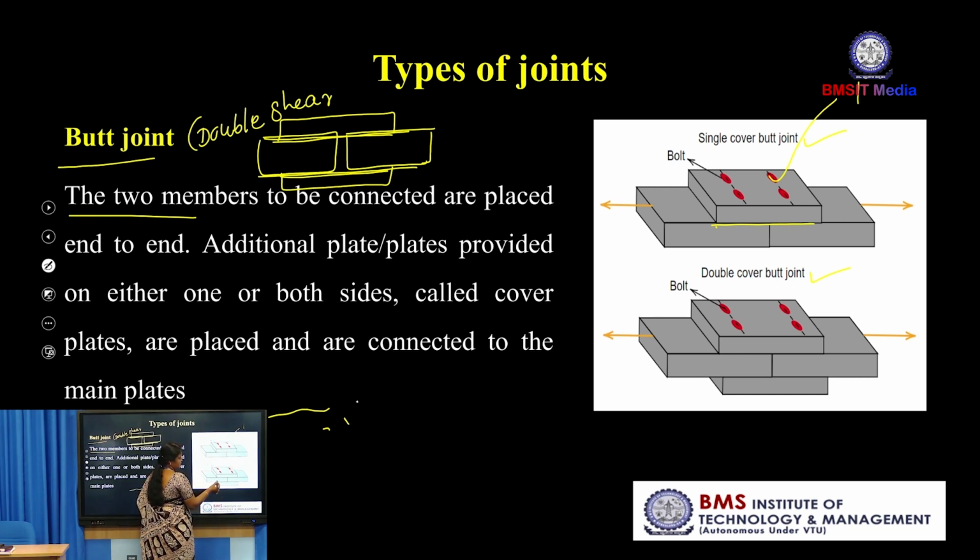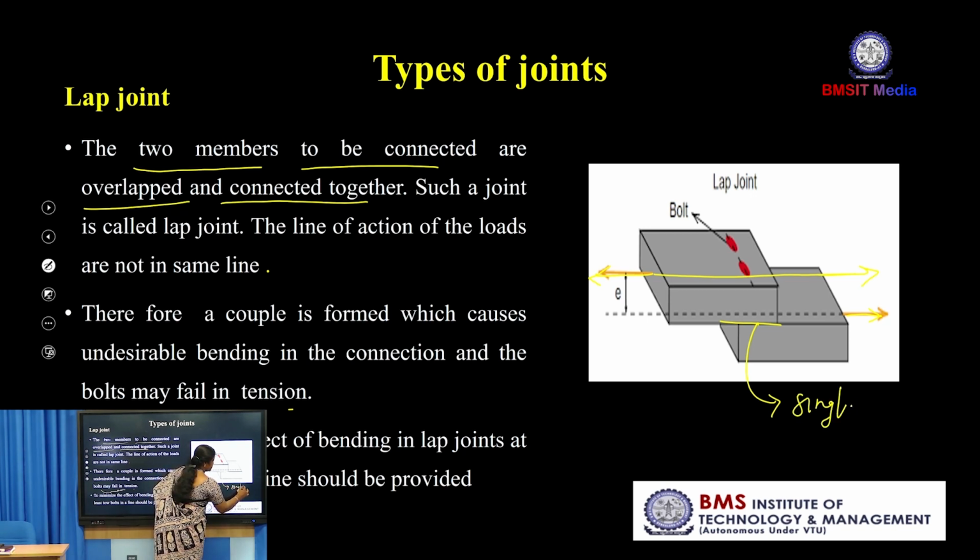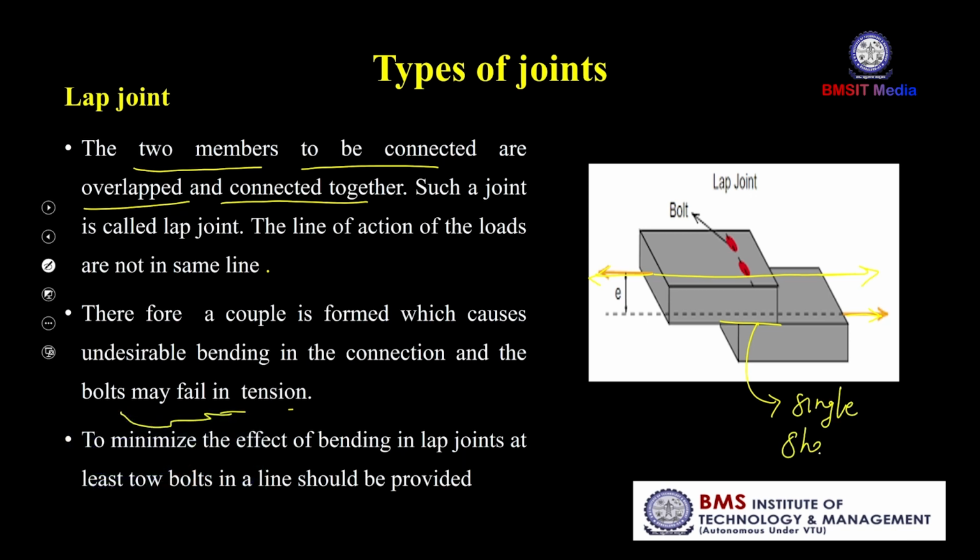Coming to the double cover butt joint, two shear planes are there. This is one plane and this is another plane. So, this type of joint is subjected to double shear. In the previous case, the lap joint, here also only one contact surface, only one plane is there. So, lap joint is subjected to single shear.